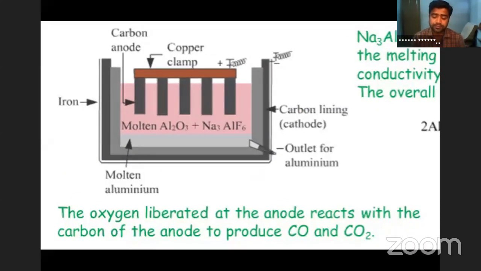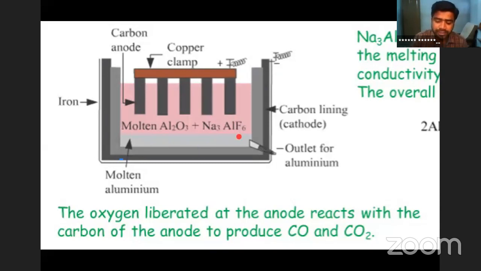You can see here the molten alumina. It will be shown molten, where the molten alumina is right now, and here the cryolite Na3AlF6. Apart from that, we are adding a little bit of fluorspar. Fluorspar just lowers the melting point of this mixture.